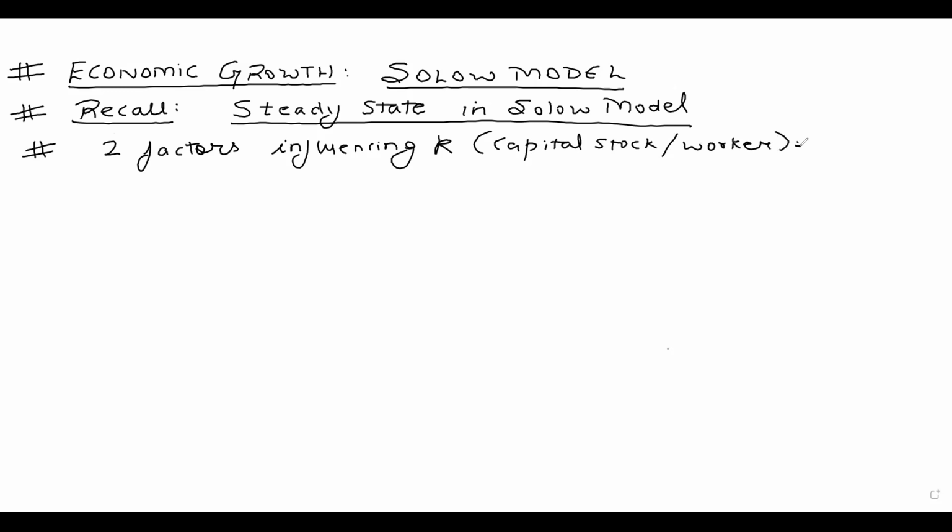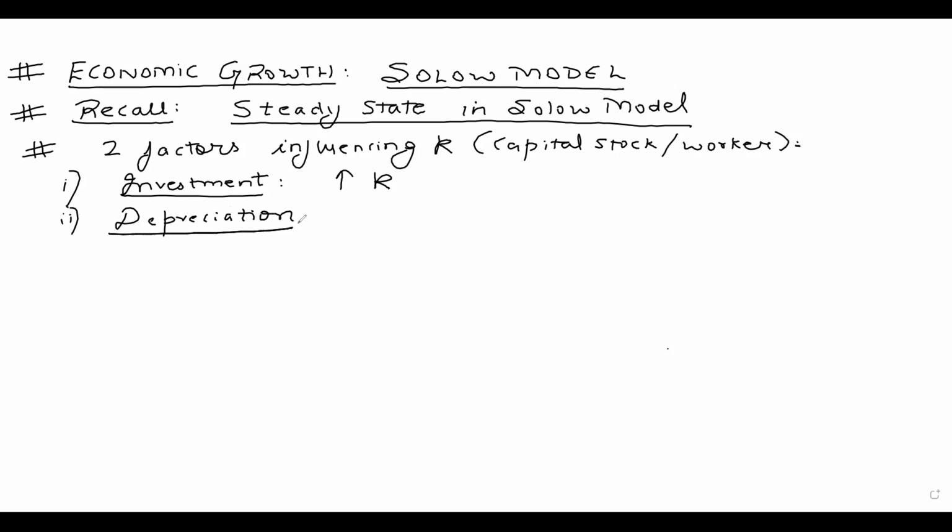Now, guys, what are these factors? The first factor was investment. It increases the capital stock per worker. The second factor was depreciation, which reduces the capital stock per worker.